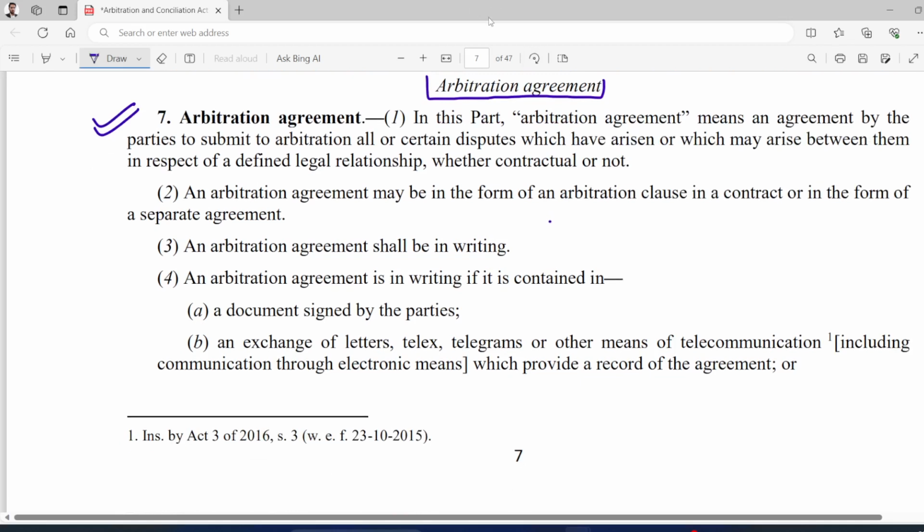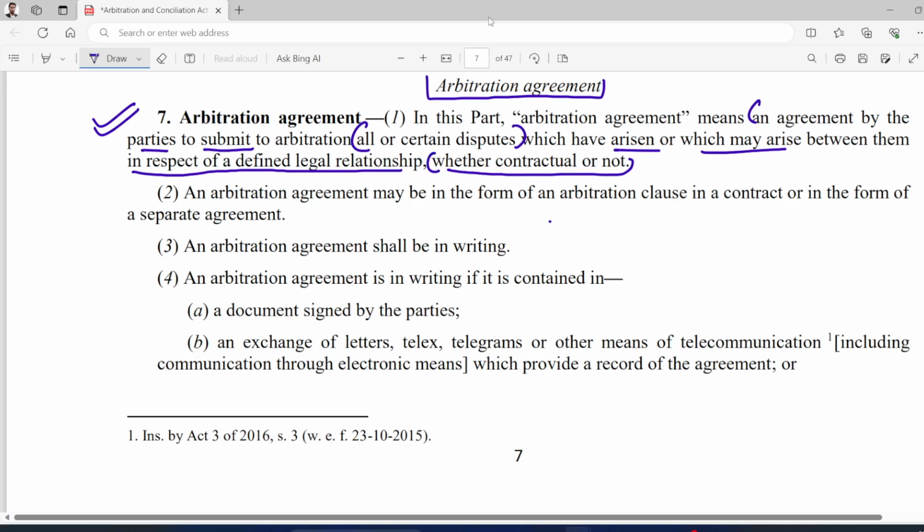Now, an arbitration agreement means an agreement by the parties to submit to arbitration all or certain disputes which have arisen, or which may arise between them in respect of a defined legal relationship, whether contractual or not.